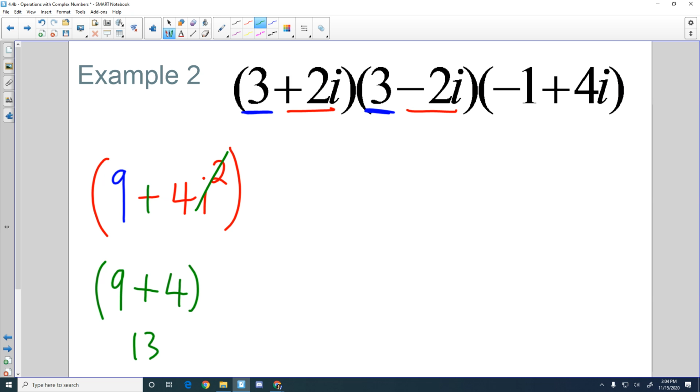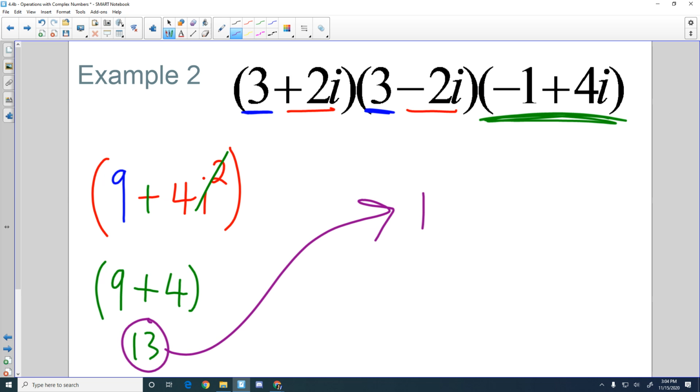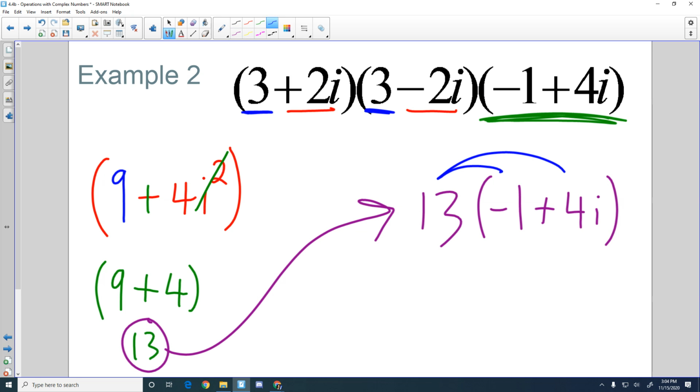That's pretty cool. But now don't forget, we have to take into account this final binomial. So I'm going to bring this 13 over here times negative 1 plus 4i. And this is actually a pretty easy problem now. I'm just going to distribute the 13 times each of these terms.